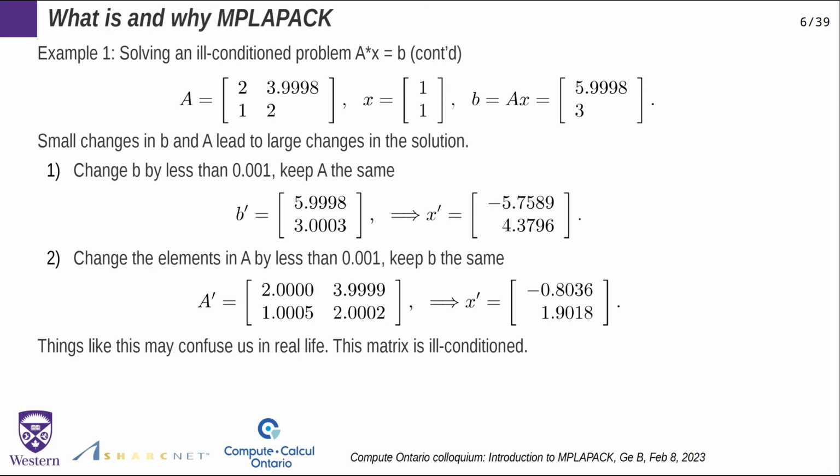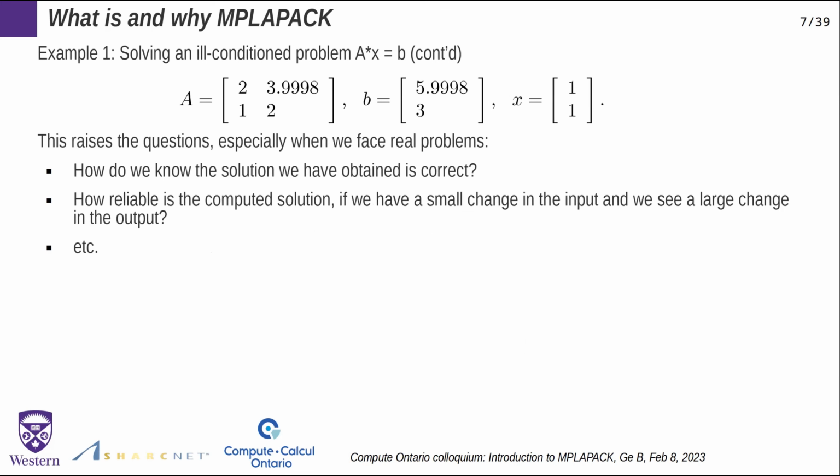Things like this may confuse us in real life. So this raises questions, especially when we are facing real problems. How do we know the solution we have obtained is correct? And how reliable is the computer's solution if we have a small change in the input and we see a large change in the output, and so on?